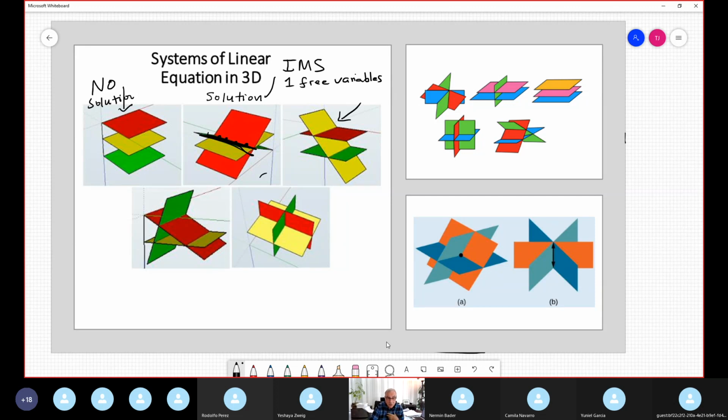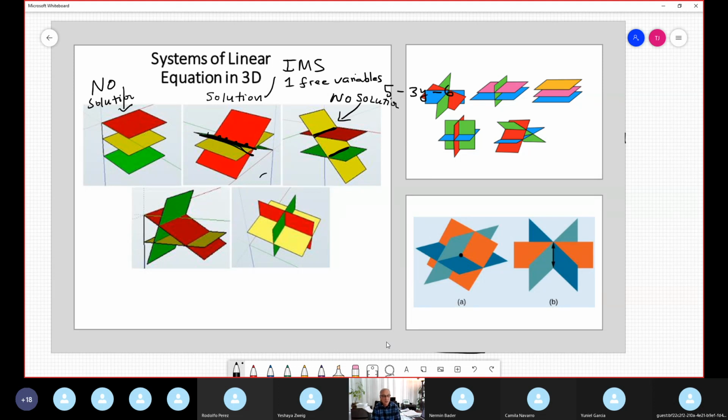I know very well that we have a solution in between equation yellow and equation red, and here in between equation yellow and equation green. But what is the common point between yellow, red, and green? No common point. No solution again. Do you see or no? Yes or no? Clear?